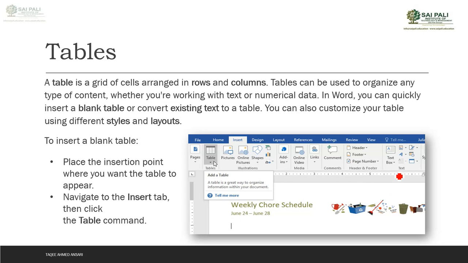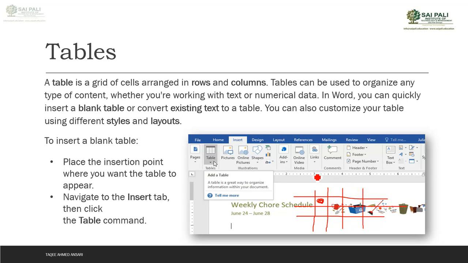You can say these are the columns and these are the rows. So your tables are like this. It's like a grid, and this single box in the table is called a cell. So we can create a blank table, or we can convert existing text into a table.